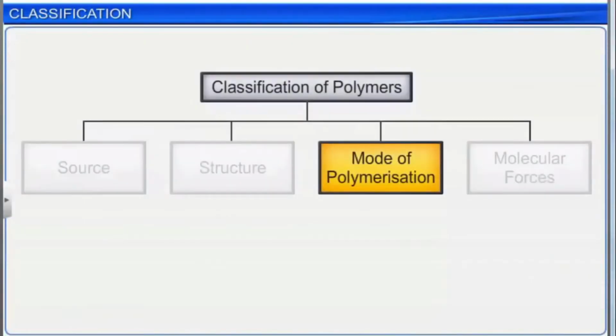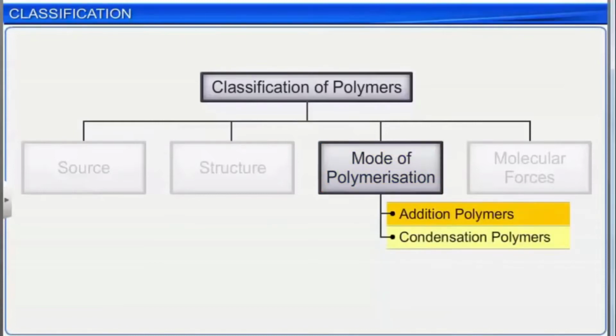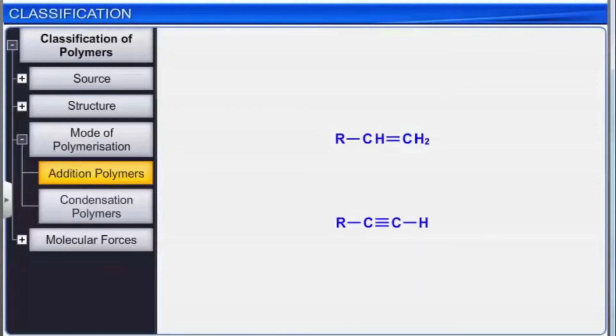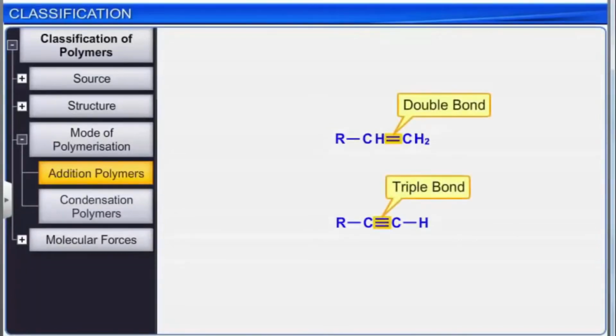On the mode of polymerization, polymers are classified into two categories: addition polymers and condensation polymers. Addition polymers are formed by the repeated addition of monomers containing double or triple bonds.